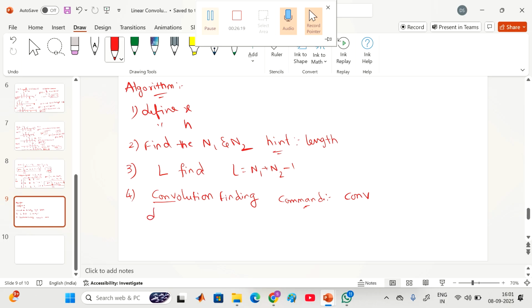And display the output. Next, plotting of the first sequence X, plotting of H, as well as plotting of the output sequence, that is Y. Plotting of X, H and Y in the same figure. So here we will use subplot.